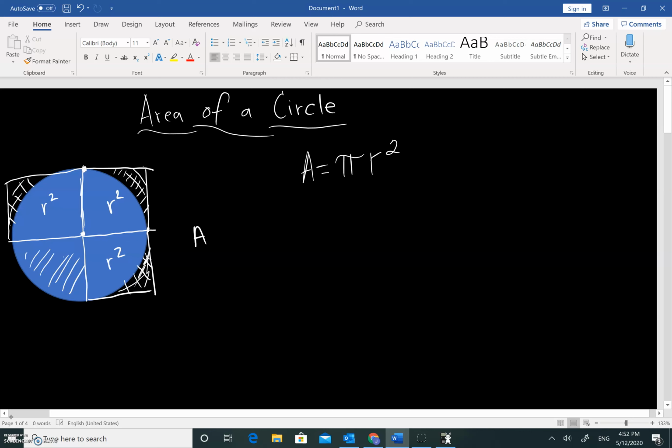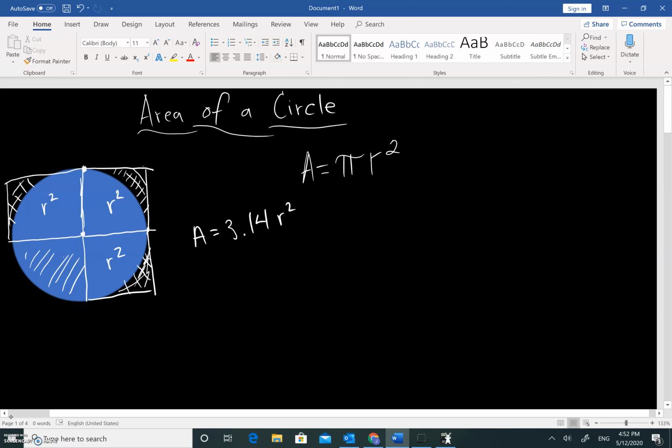So the area of a circle is approximately 3.14 squares, where each square has a side length of R. So a little bit more than 3 squares is the area of a circle.